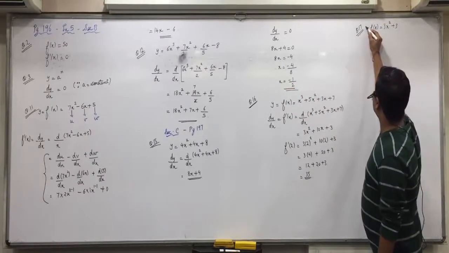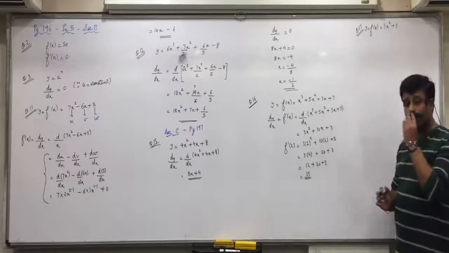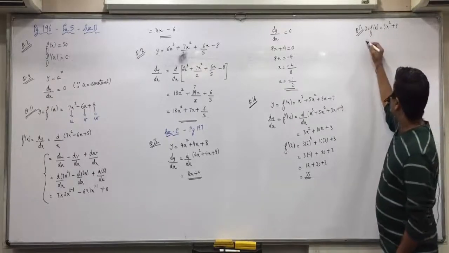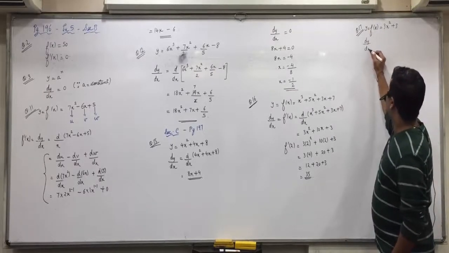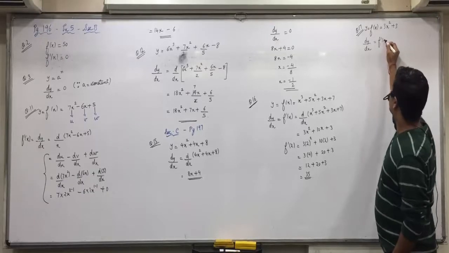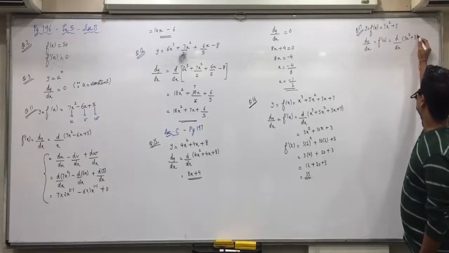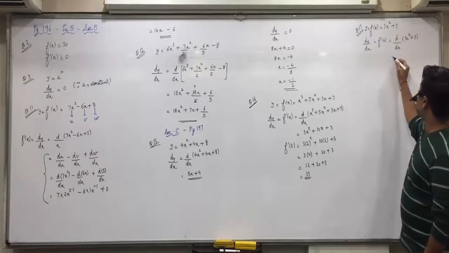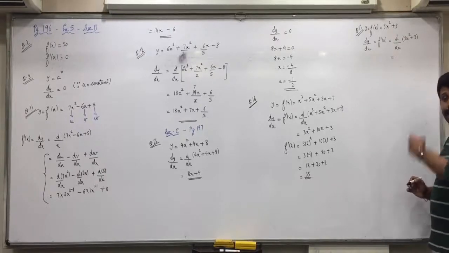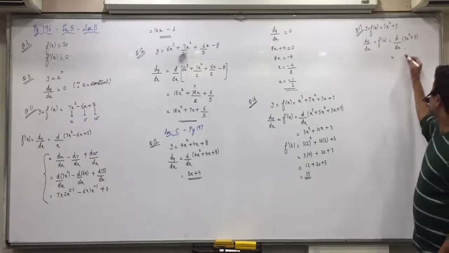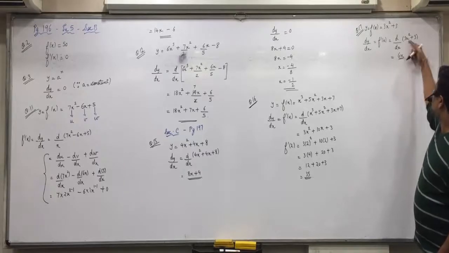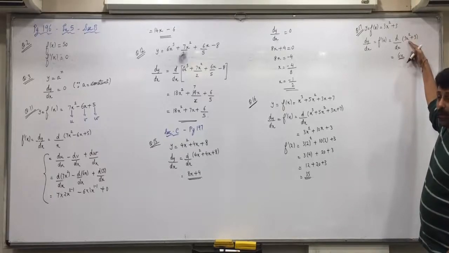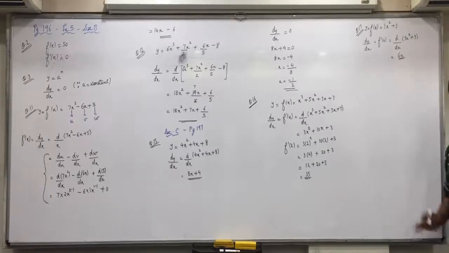I said whatever is given first, write it is equal to y. So dy by dx will be f dash x. In place of y, we will put 3x square plus 3. That's it. 3 into 2, 6x, 2 minus 1, 1. And constant 3 becomes 0. All are clear with this?